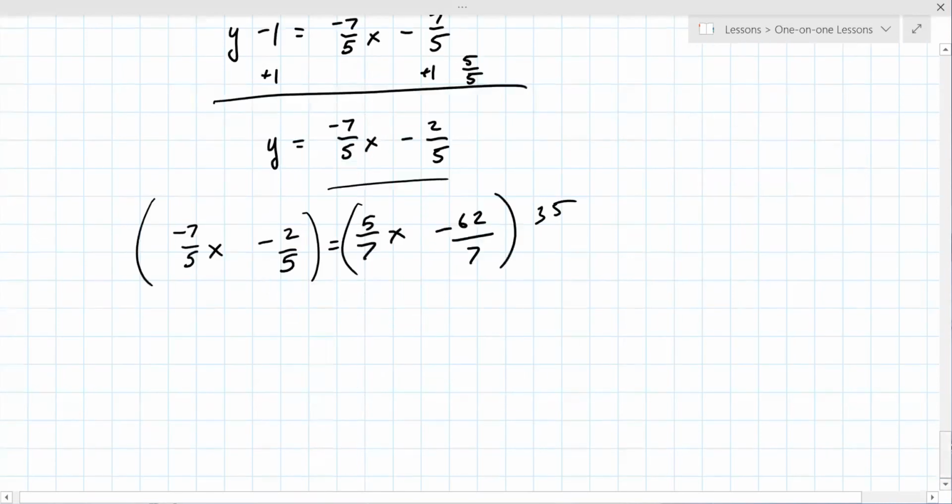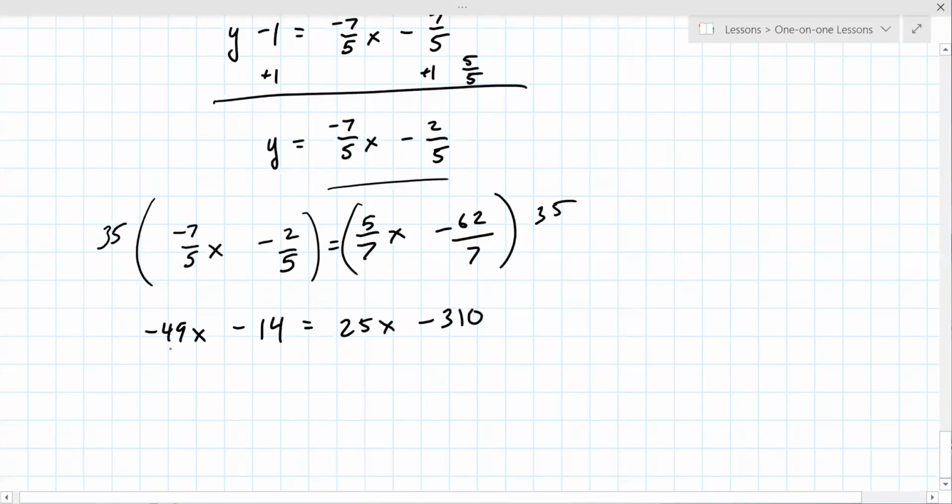Same thing over here. It's always better to divide first. So 35 divided by 5 is 7, so that becomes negative 49x minus 14. Here, 35 divided by 7 is 5, so that's 25x. 5 times negative 62 is minus 310.